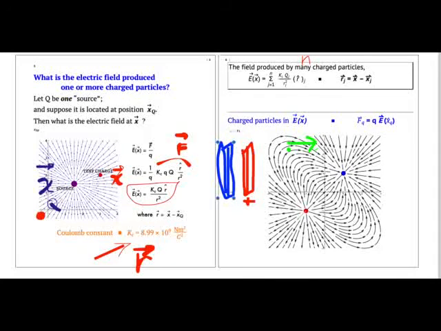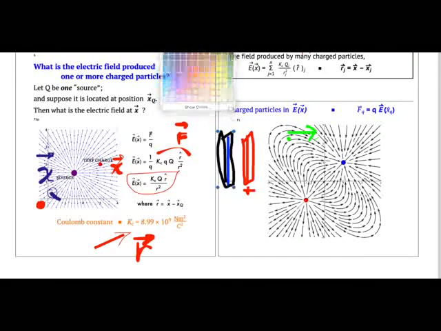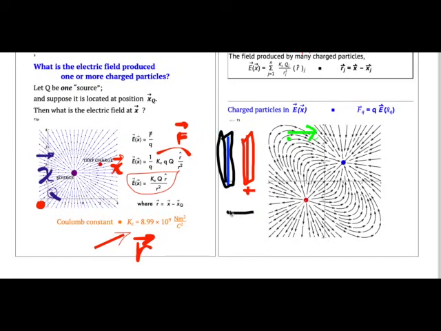One side is positively charged, the other side is negatively charged. There'll be an electric field. The electric field will point from here to here. The electric field will be mainly concentrated in the region between the two plates.